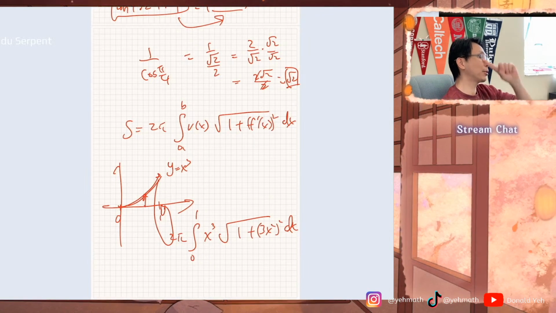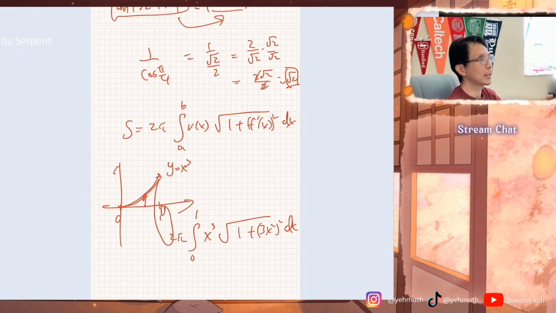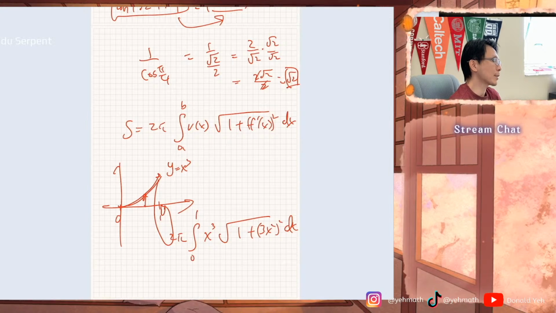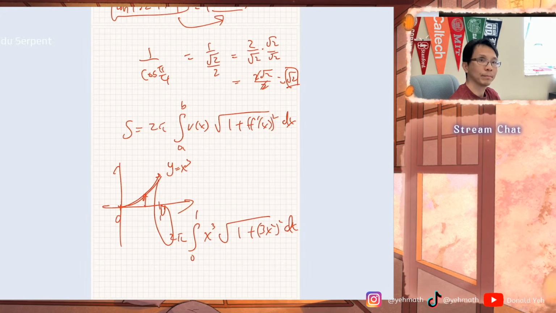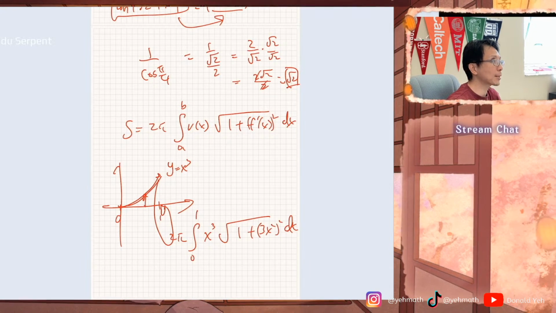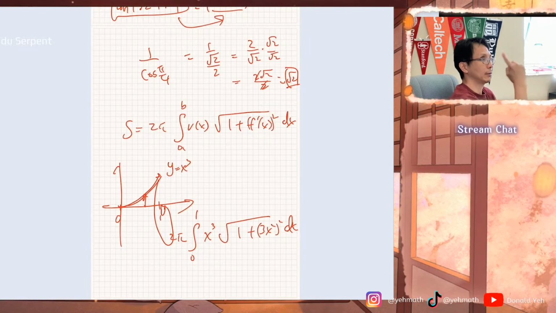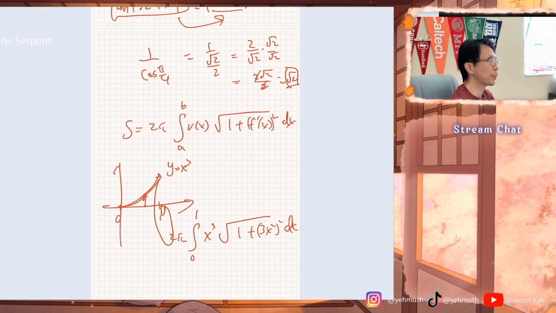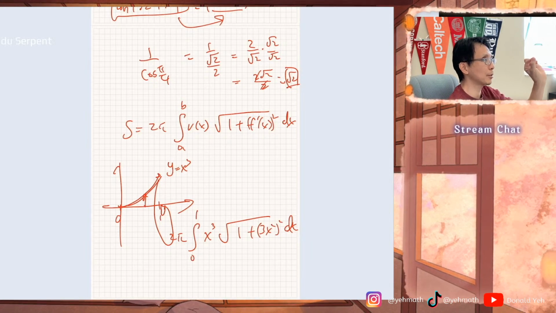Now there is a way to rotate this way. It's going to be the same function, but you just have to do it differently, so R of x is going to be different. R of x is going to be x if you rotate around here, because this is the distance from here to here. So it really depends on the axis of rotation.